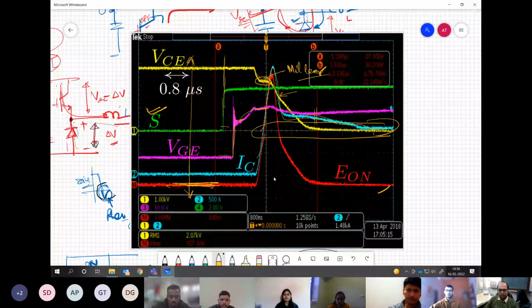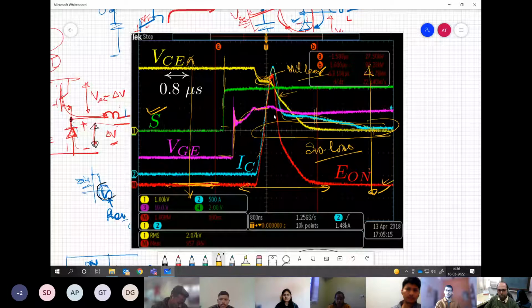This red curve is giving the energy loss in the device because the product of voltage and current is nearly zero. And again, when the device is turned on, the voltage has gone to a very low value and the current is something, so overall the product is very close to zero. But during this transition time, we have a significant amount of loss in the device, which is called switching loss.